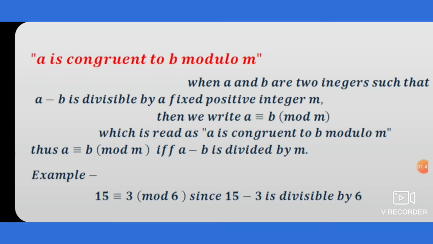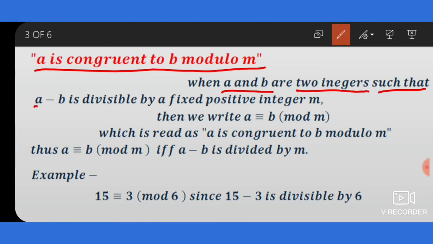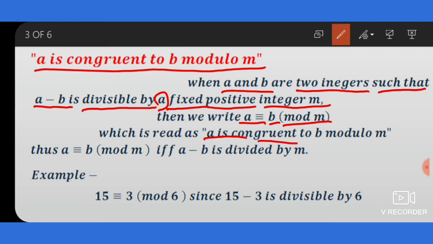Now we discuss congruence modulo m. When a and b are two integers such that a minus b is divisible by a fixed positive integer m, then we write a congruent b modulo m, which is read as a is congruent to b modulo m.